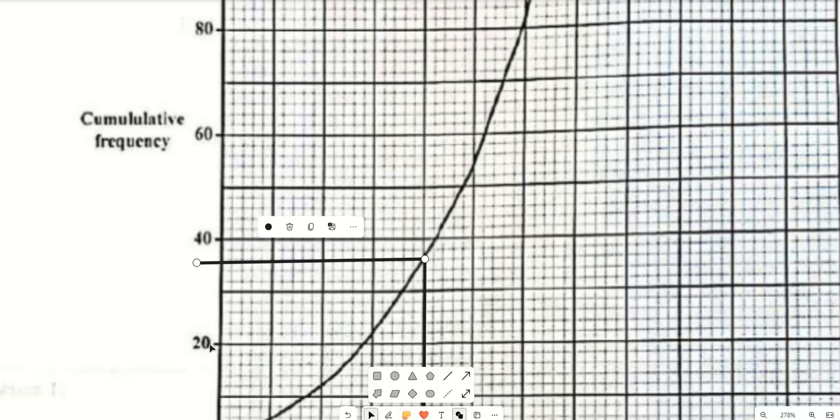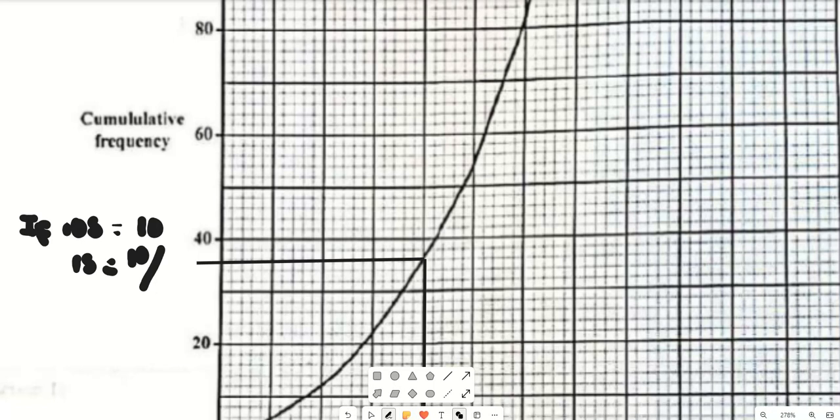this is between 10 and 40, there are 10 spaces, right? So if 10 spaces is equal to 10, then 1 space is equal to 10 divided by 10.